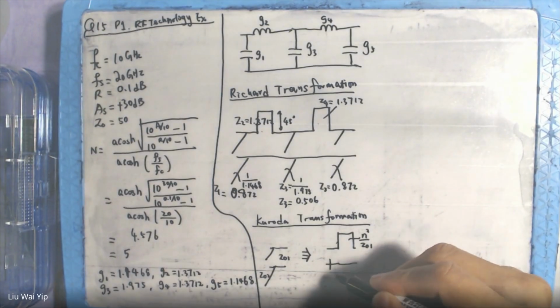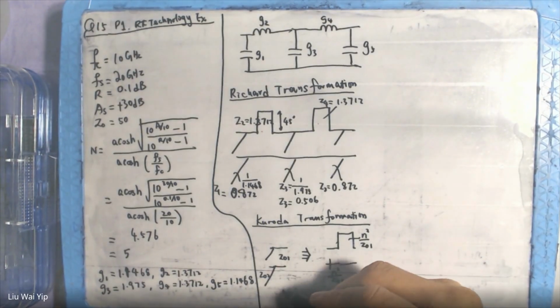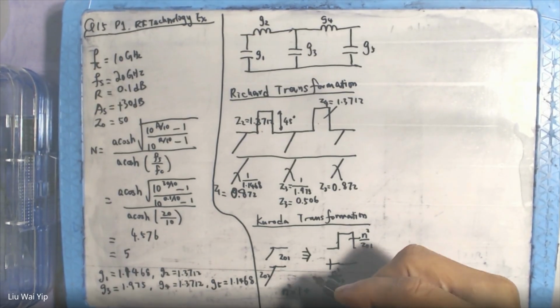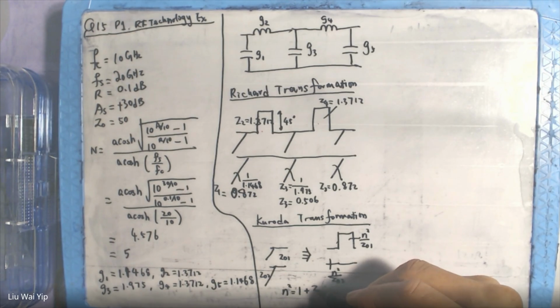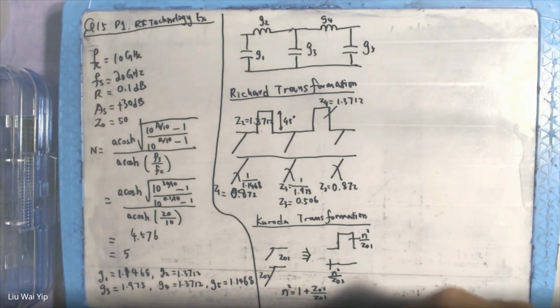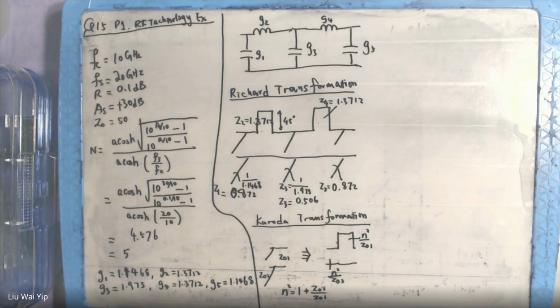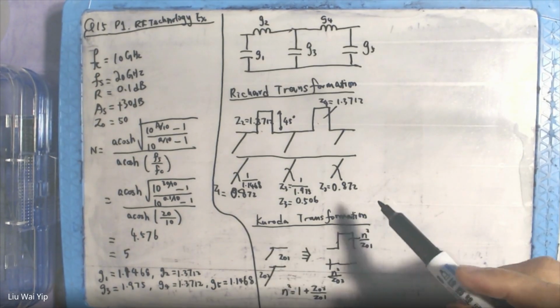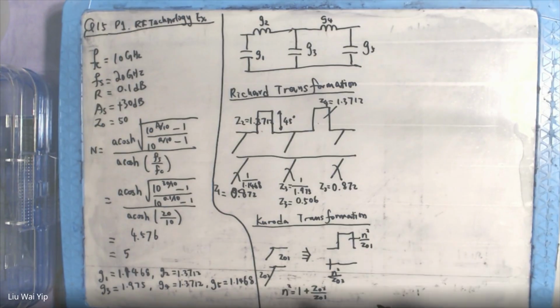And this one, N square divided by Z naught 2. And what is N square? N square is 1 plus Z2 over Z01. So this is one of the transformation pairs you can make use of for this question.